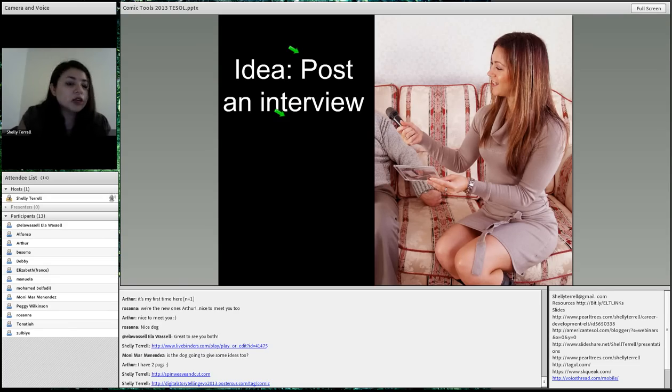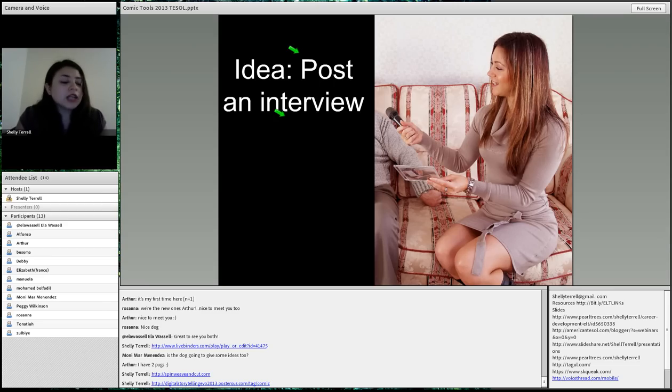And I'm going to tell you a trick later, because the only thing you have to be concerned about with the comic creation tools is that a lot of times they don't allow embedding. So what you have to do is take a screenshot of the image. You have to save the image somehow, and then you can upload it and post it like that.